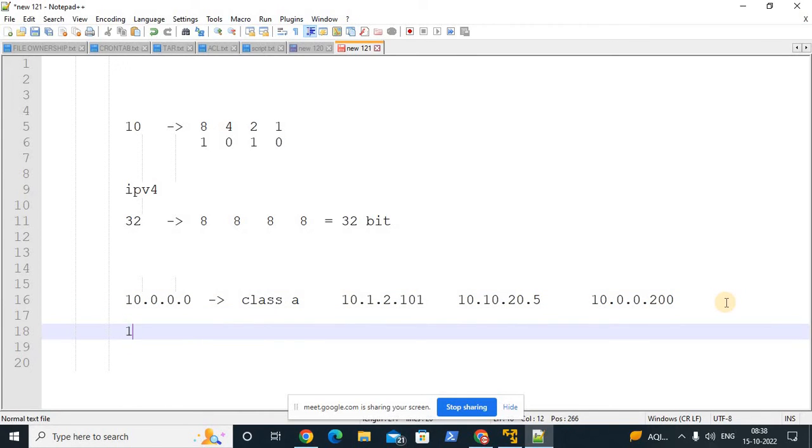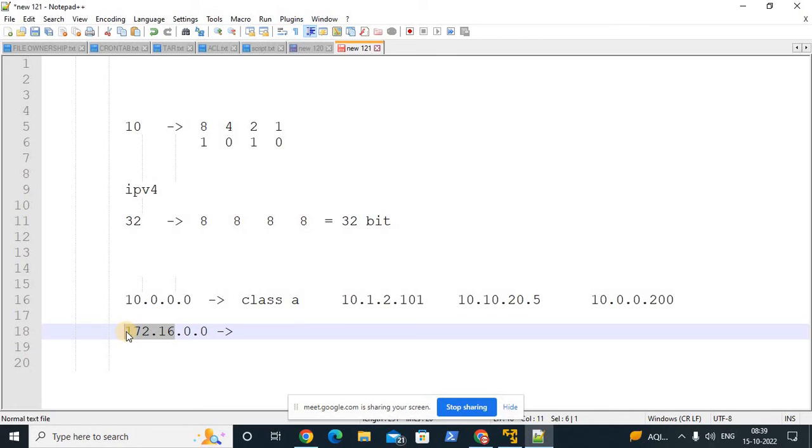The second one is, assume 172.16.0.0, for example. In that section, the first 2 parts are the network ID.